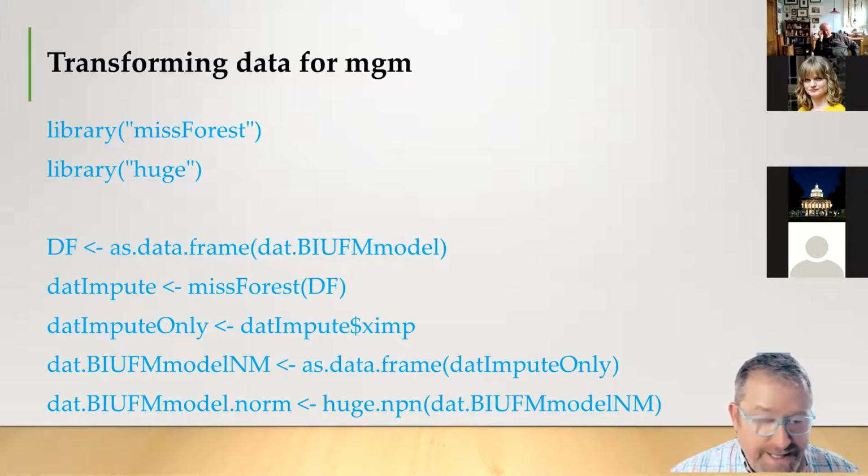And then for some reason the huge thing wasn't recognizing that as a data frame. So I took that, turned it into a data frame, gave it a new name, dat by UFM model, NM for no missing, and then put that data frame into the huge.npn function, which gave me normalized data.